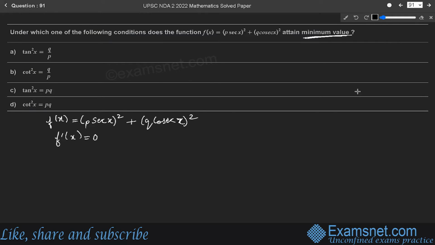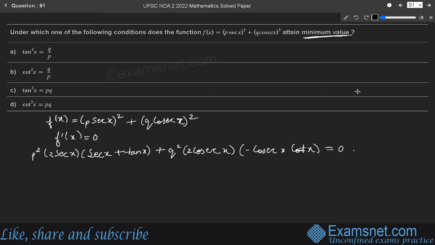Now let us find f dash x. F dash x will be equal to p square into 2 sec x into sec x tan x, plus q square into 2 cosec x into minus cosec x cot x, is equal to 0.